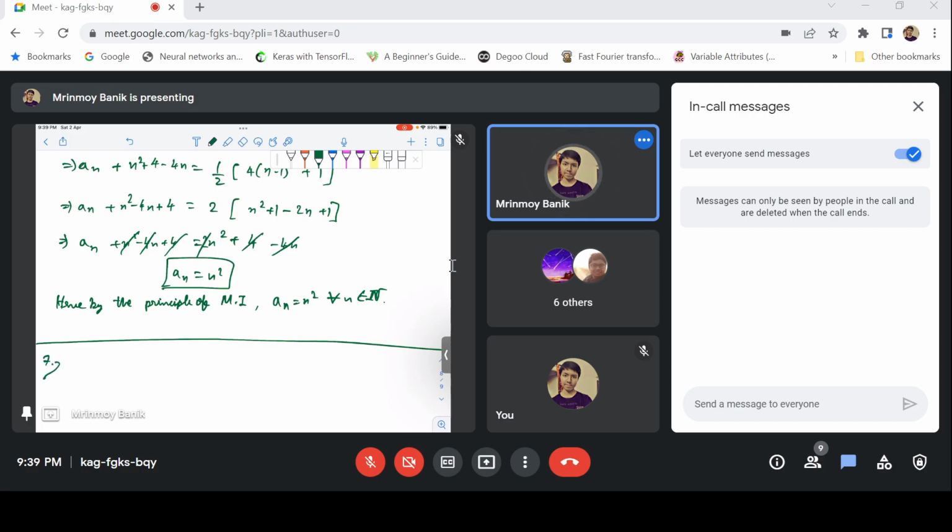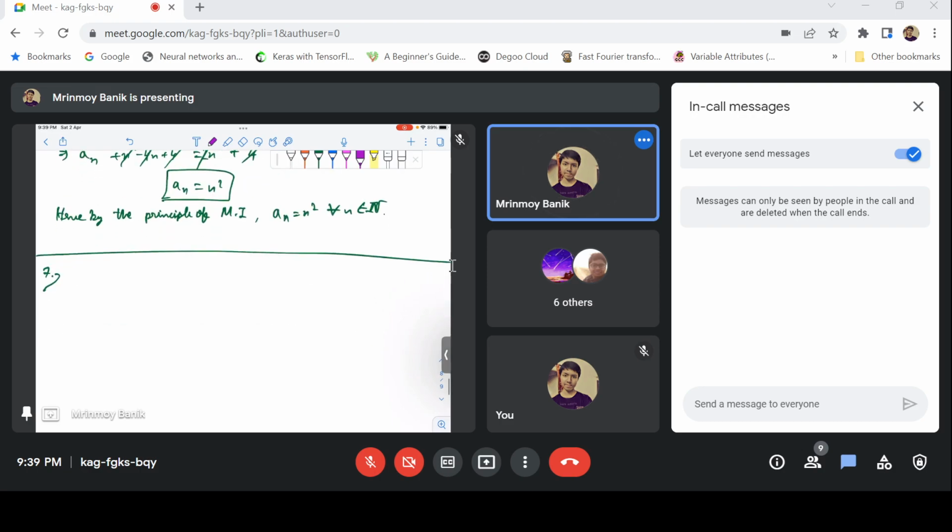Next, number 7. So F_n and G_n are polynomials of degree 2014. So degree of F equals degree of G equals 2014.